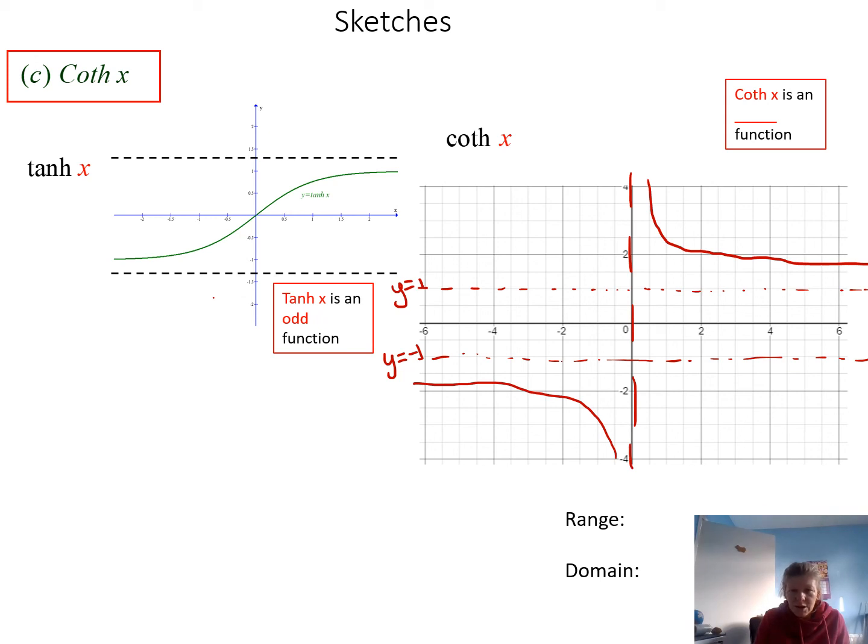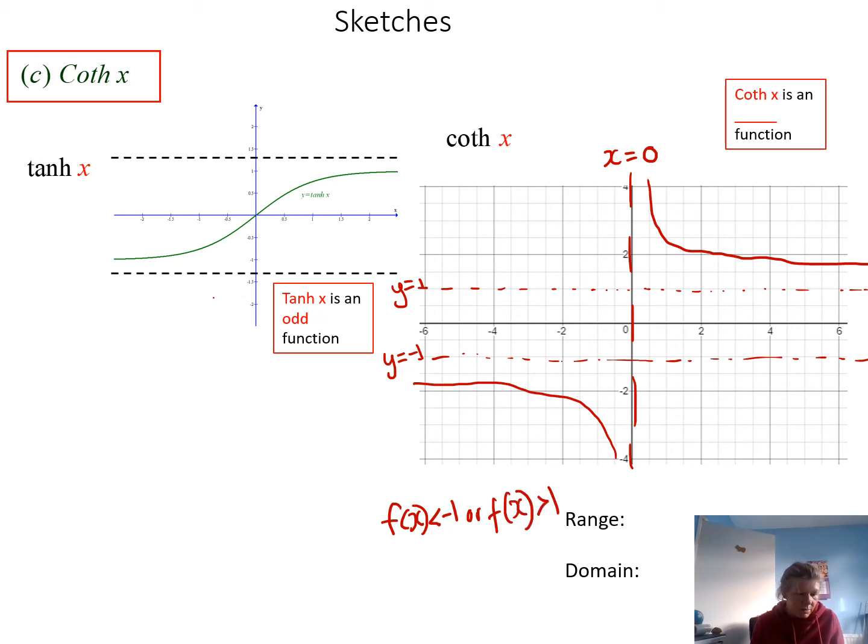An asymptote at the y-axis, which is where x is 0. You've got those two bits of graph. For the range, that's the y value. I'll call it f of x, not y. f of x can be less than minus 1, or f of x can be greater than 1.